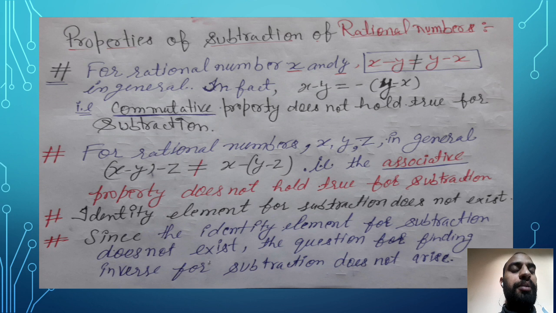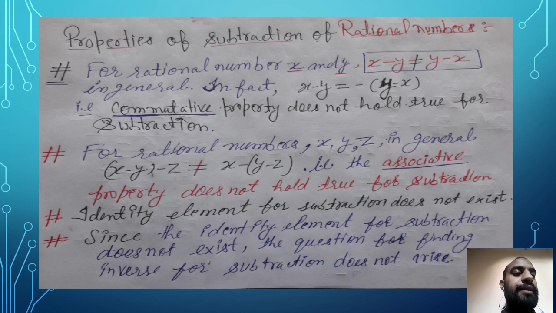So the second property we have here, for rational numbers x, y, z, in general x minus y bracket close minus z is not equal to x minus bracket start y minus z bracket close. So you can see here, if you are applying the brackets differently, then we are not getting the same answer. As I told you in the above case, in subtraction it is not possible to shuffle the terms or brackets, otherwise we are not getting the same answer.